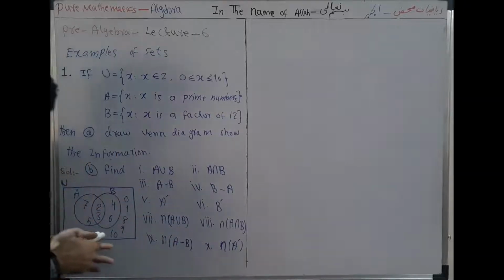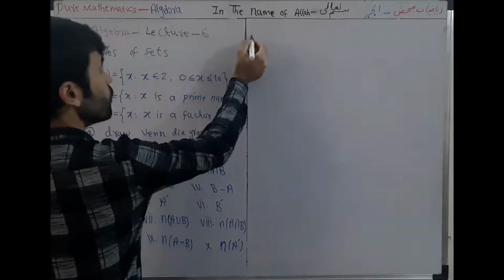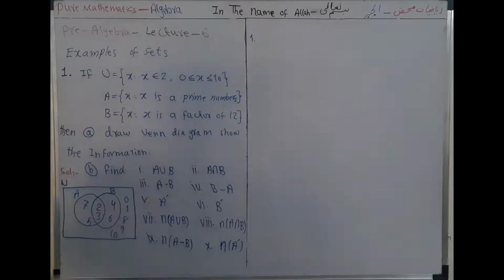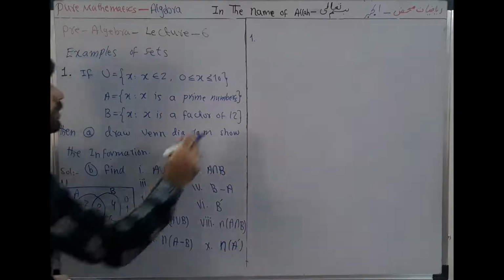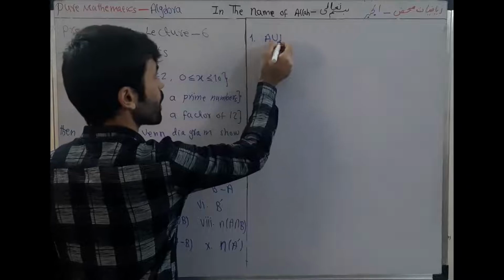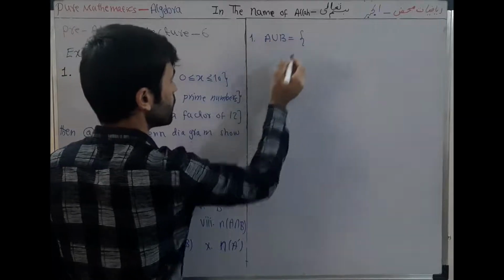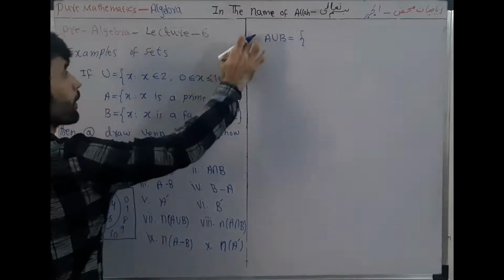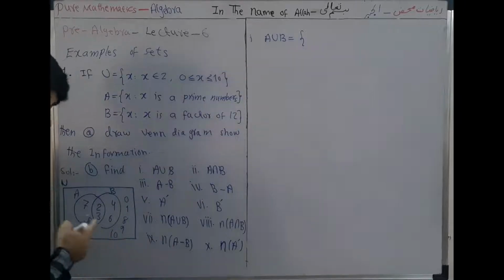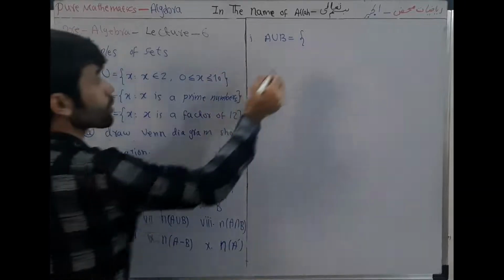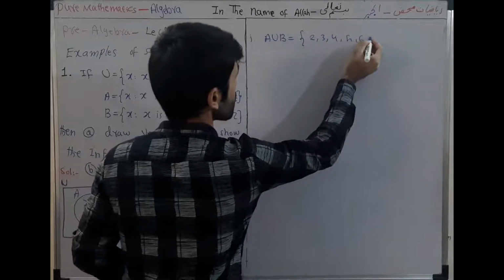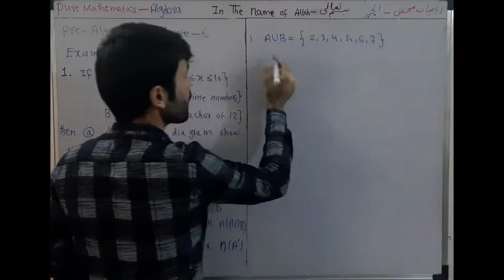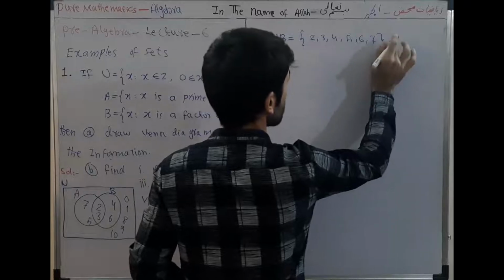First one, A union B: 7, 2, 3, 5, 6, 4. They are the union of A and B. So A union B is equal to {2, 3, 4, 5, 6, 7}. Number 1 is n of A union B. How many numbers do we have here?